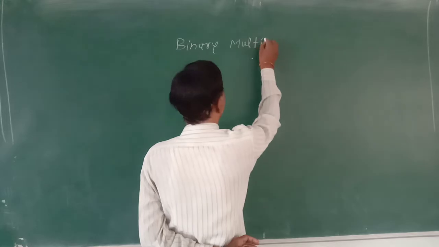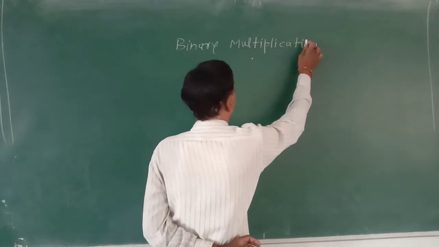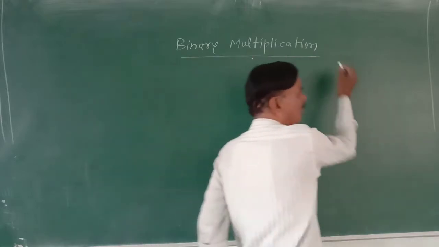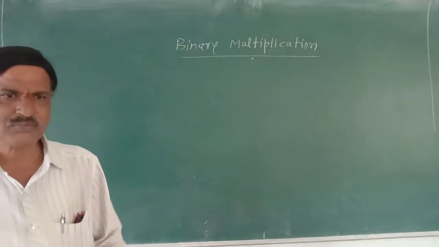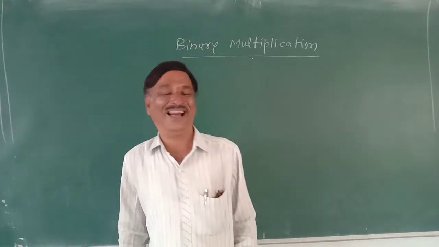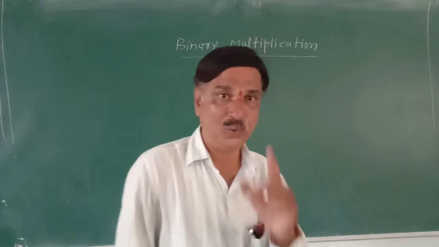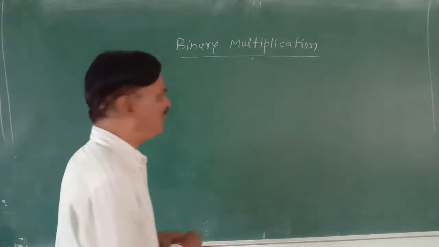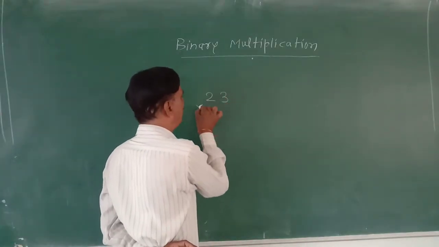Binary multiplication. How to perform binary multiplication? Now, our traditional method of decimal multiplication. How is it? Say decimal multiplication: 23 multiplied by 7.